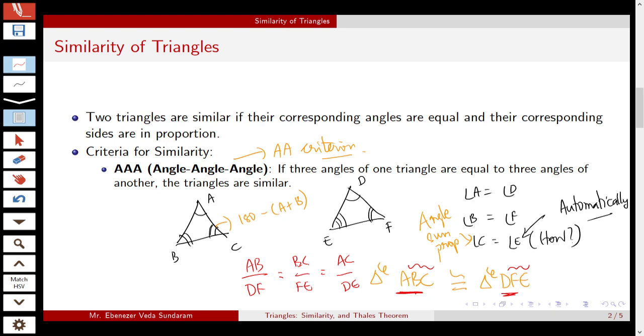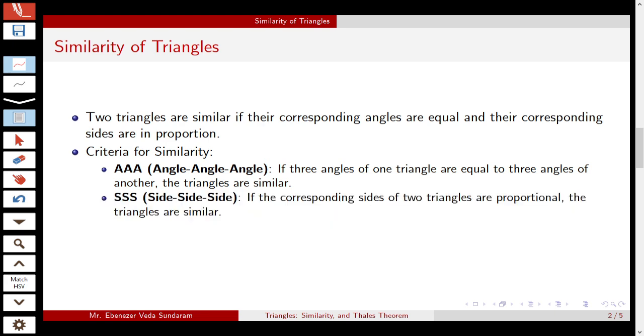So what can I say about the sides now? These are in proportion, which is the same as saying the side criterion. If the corresponding sides of two triangles are in proportion, then the triangles are similar. So if AAA holds true, then SSS also will hold true, or if SSS holds true, then AAA also holds true.